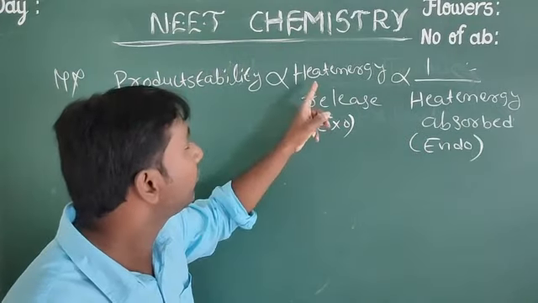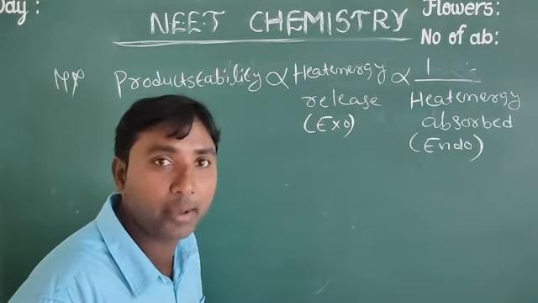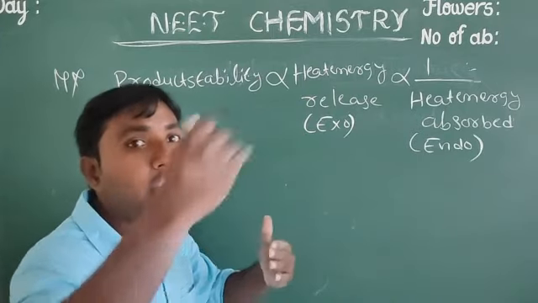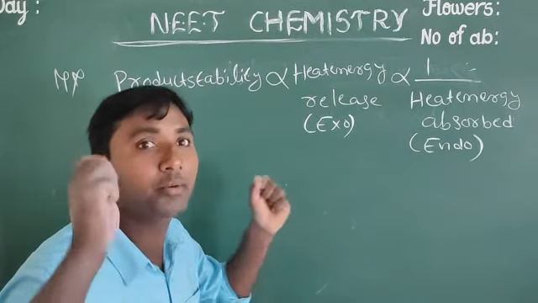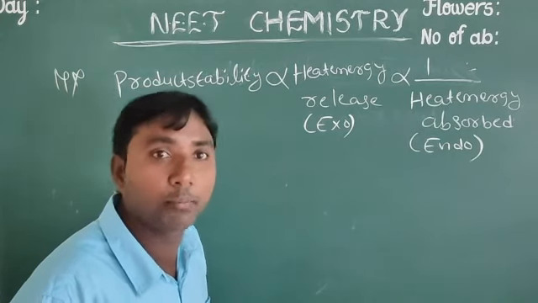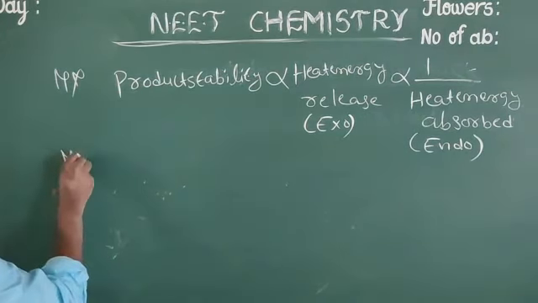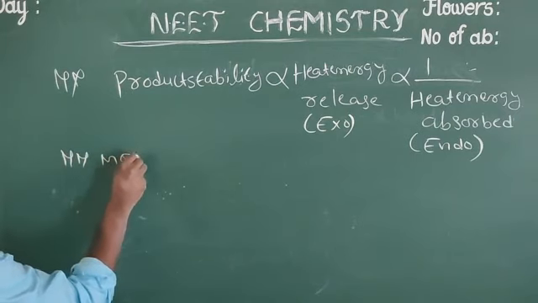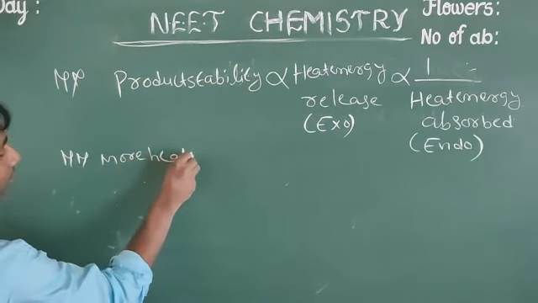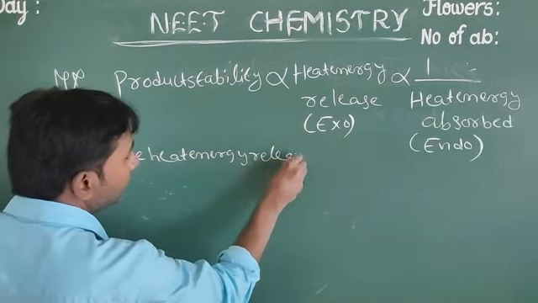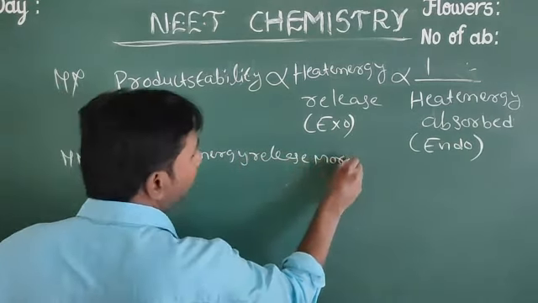Okay, so in any two-reaction comparison, if one reaction releases more heat energy than another reaction, that reaction's product formation is also more, and product stability is more. That's why more heat energy release means more product formation.